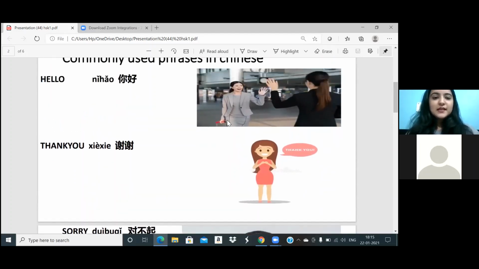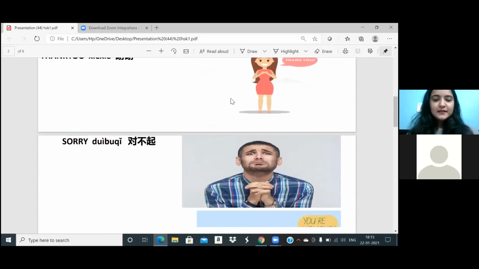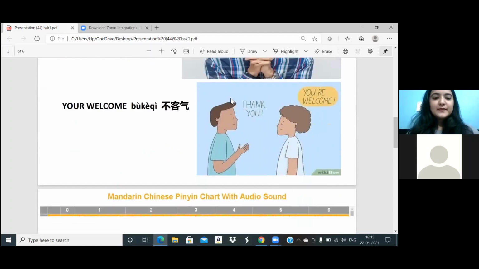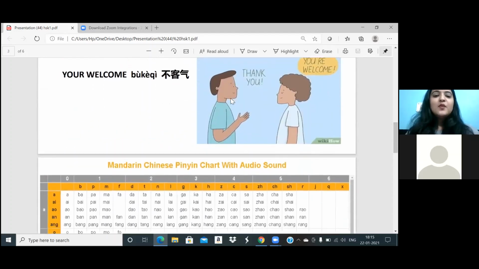As we can see here, every word in Chinese has different tones. Sorry in Chinese is 对不起. You're welcome in Chinese is 不客气.